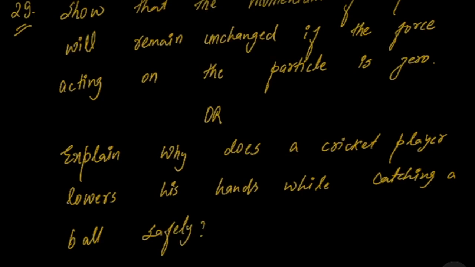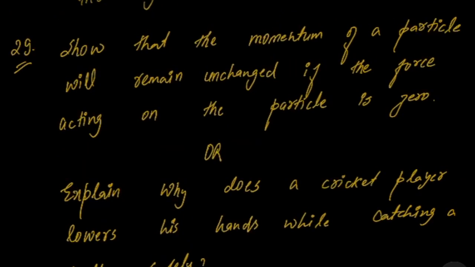So there are 2 questions, and we will solve this and write the solution for it. The first question is: show that the momentum of a particle will remain unchanged if the force acting on the particle is 0. So the net force is 0, and we have to prove that momentum will be conserved.